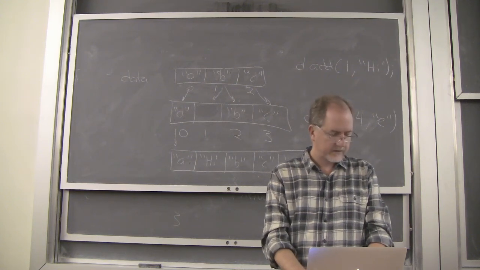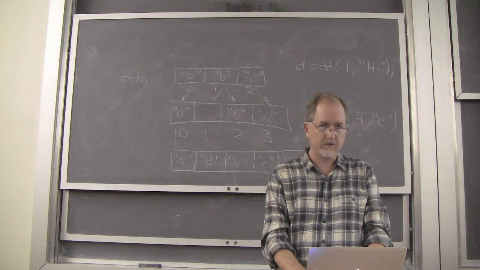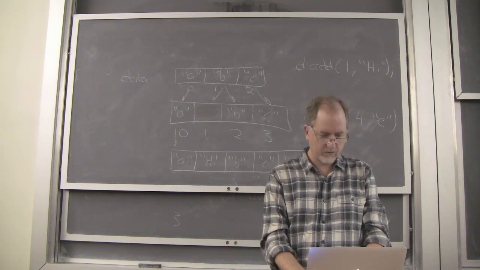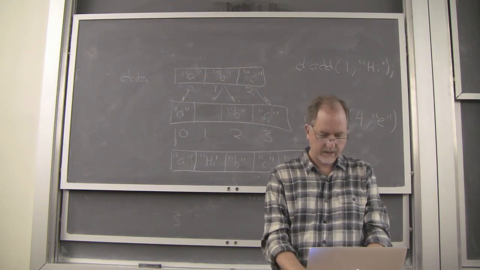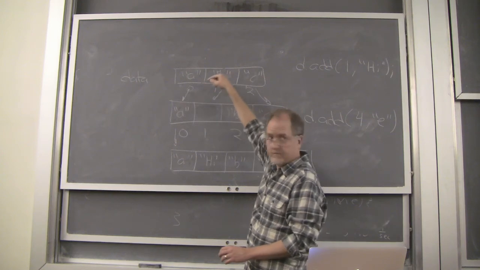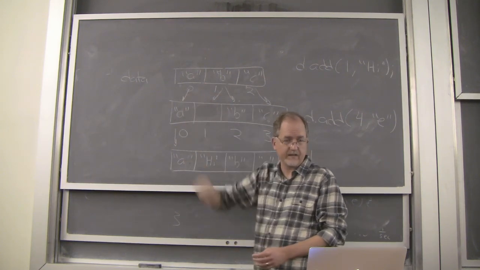Index less than how far should it go? i. That's the one we want to change, right? So we want to go up to it but not include it. And then index plus plus. And all I got to say is newData at index equals the old data at index. Right? We're doing a straight down copy. 0 to 0, 1 to 1, 2 to 2, until we hit index.